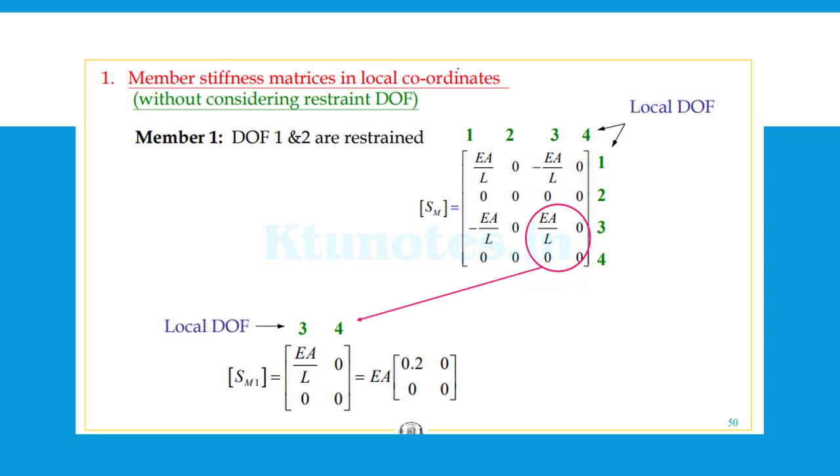So we can assemble and define for the various members. For member 1, the support condition is restrained. So this 1 and 2 rows will be completely 0, and the corresponding columns also will be 0. The remaining one will be EA by L, 0, 0, 0.